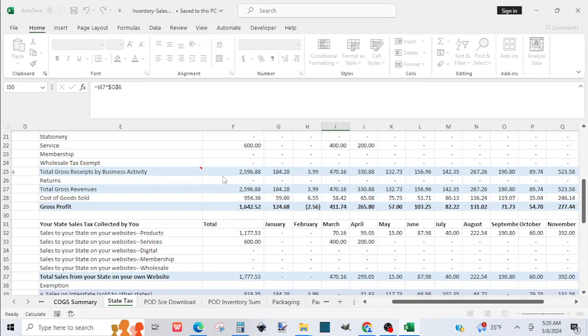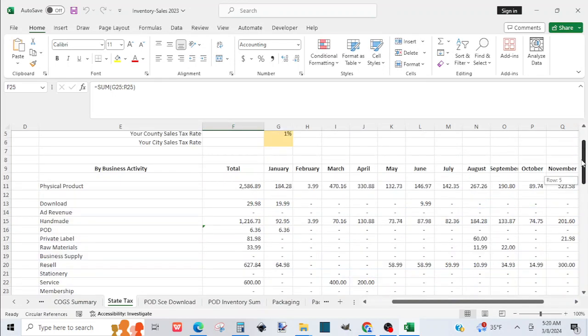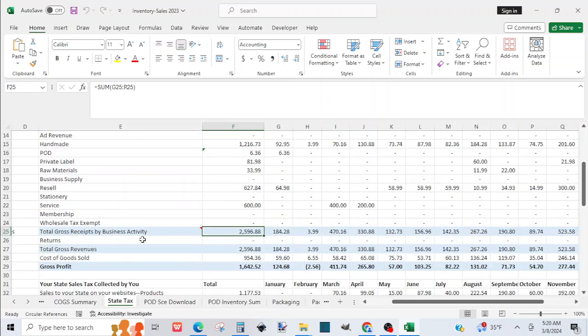The gross receipts are 2596.88. If you are designing your spreadsheet yourself, you can look at the way the form you are going to file for your business is structured, and design your spreadsheet in a way that lets you pull your data to file your return.